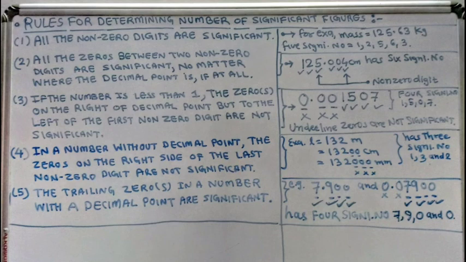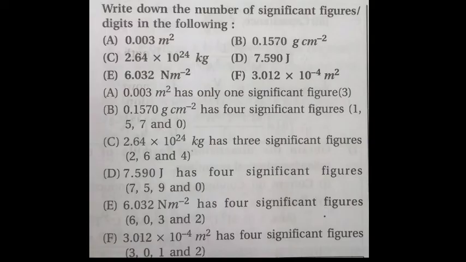So dear students, now let us take one example based on these rules, so we can understand these rules very well and apply the significant figures rules in the given numerical. Let us take the illustration.